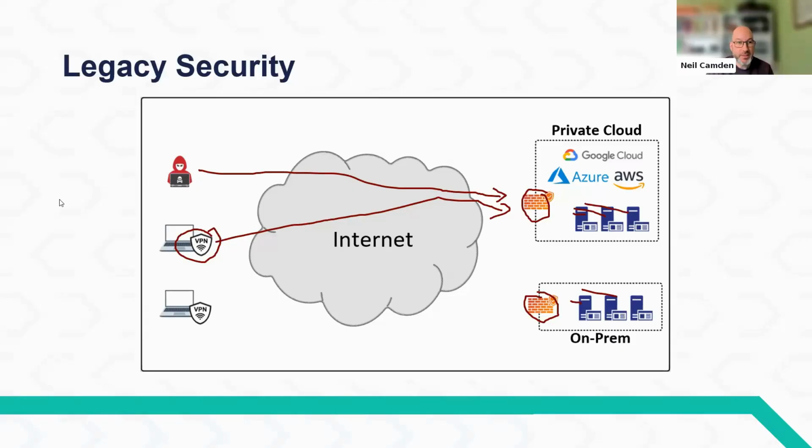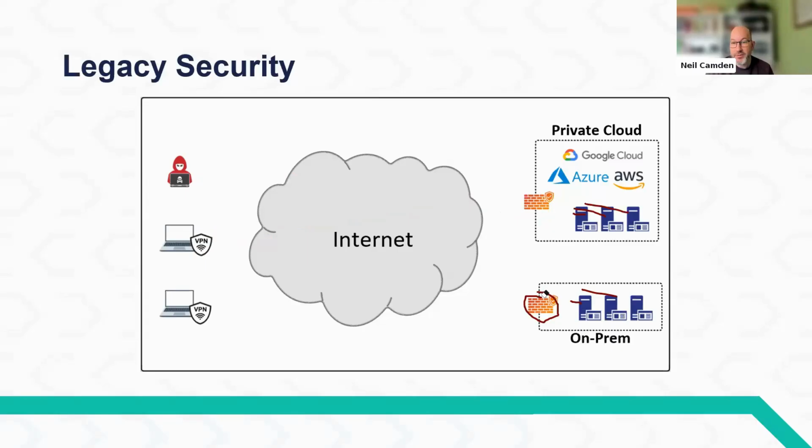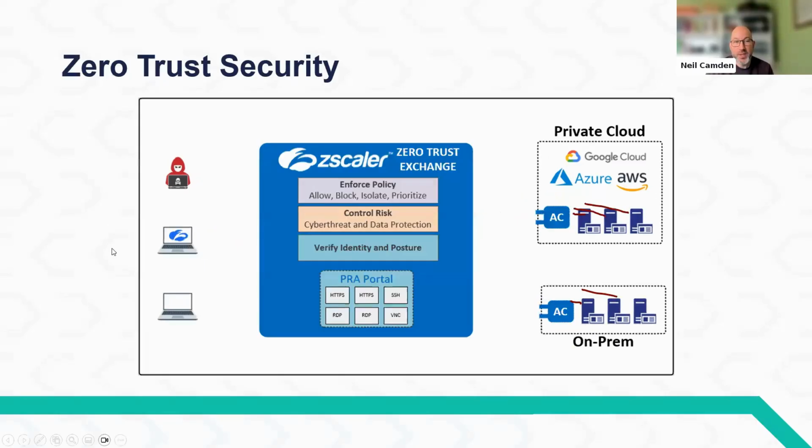So let me just wipe off all my bits and pieces from there and show you the modern way of doing it, the zero trust solution. The zero trust solution is a similar sort of setup, but instead of firewalls, we have app connectors in the Zscaler world.